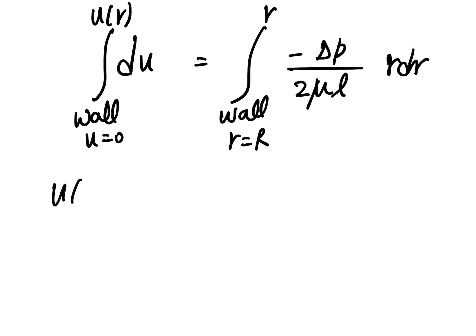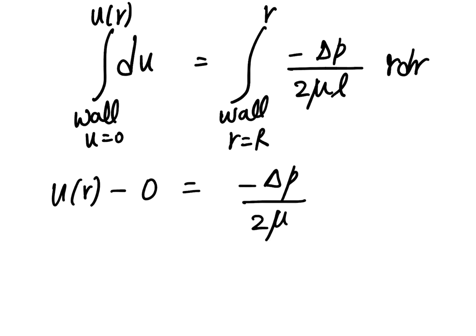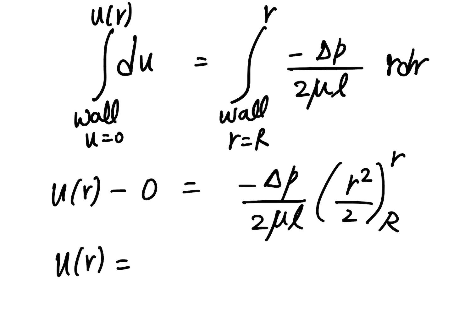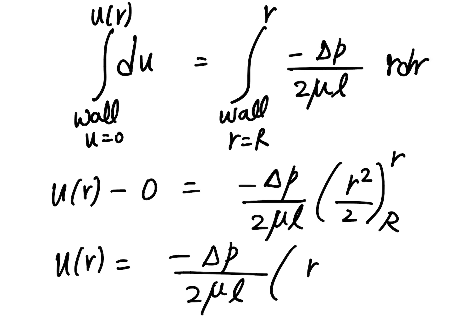So this is u of r minus 0 equals minus delta p by 2 mu L times r squared over 2, integrated from uppercase R to any value of r. So I have u of r equals minus delta p divided by 2 mu L times r squared minus R squared, divided by 2.